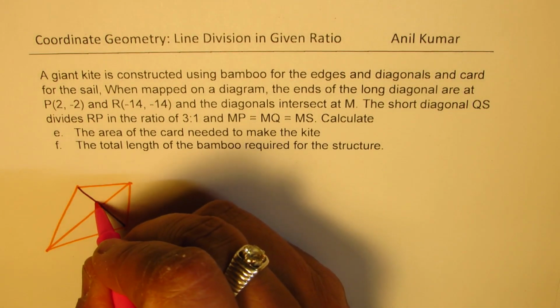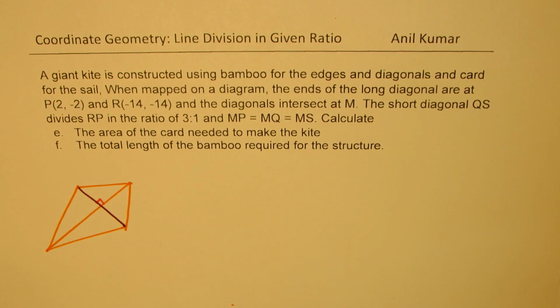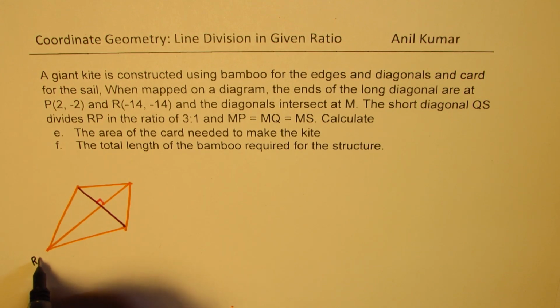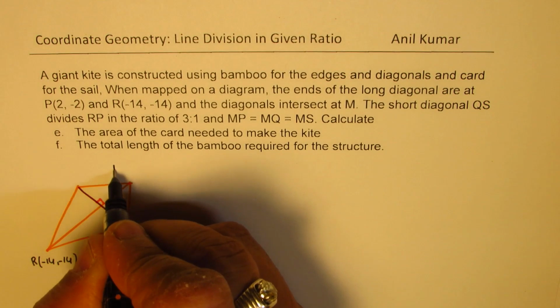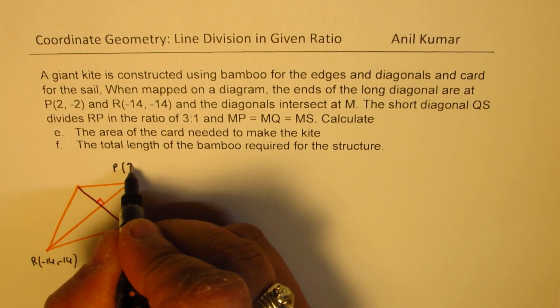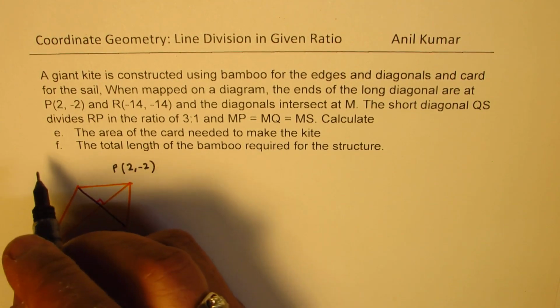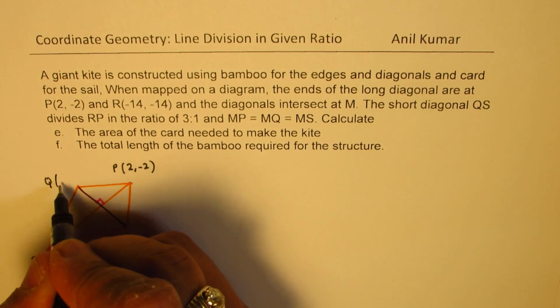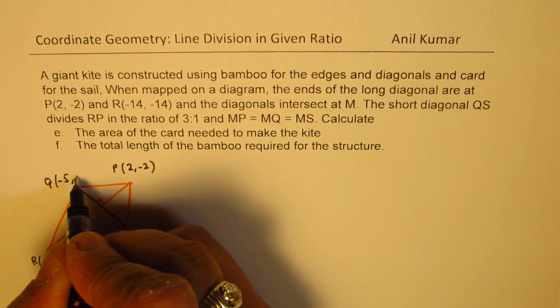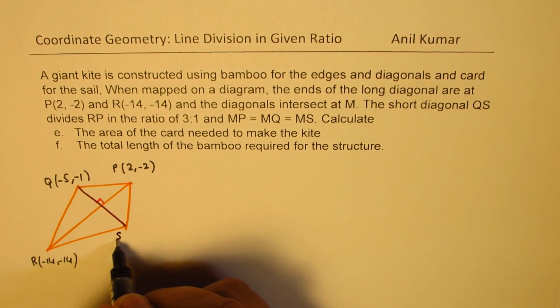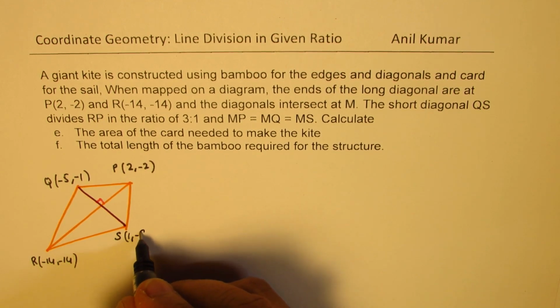Now we have already found all the coordinate points. So we have the values. This is R, which is (-14, -14). That is P, which is (2, -2). We found Q as (-5, -1), S as (1, -9).